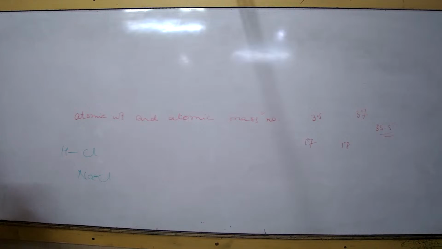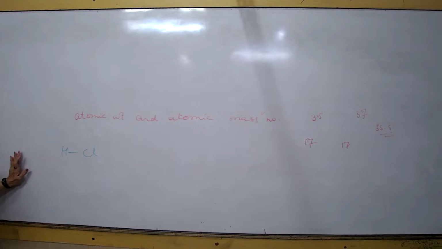So 1 is given, it becomes 2, 8, stable. Chlorine becomes 2, 8, 7, it accepted 1, 2, 8, 8. 1 given, 1 taken. In the case of HCl, there is sharing of electrons. There's no donation and no acceptance. It's sharing because both of them are non-metals.